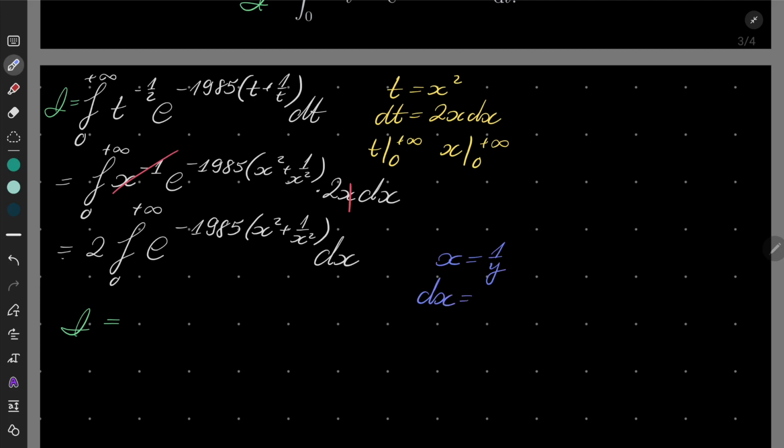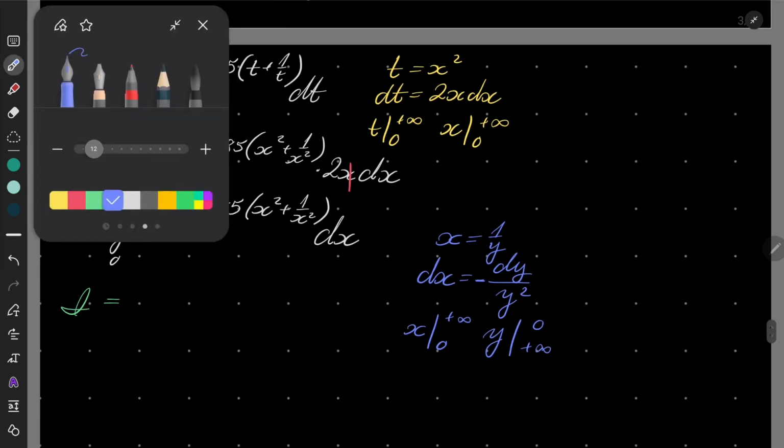Then dx becomes minus dy over y squared. And our bounds of integration, since x was from 0 to plus infinity, y becomes from plus infinity to 0, because 1 over 0 squared is plus infinity, and 1 over infinity is 0.